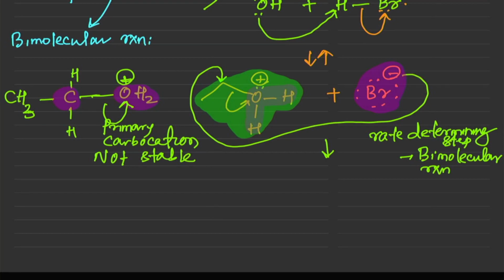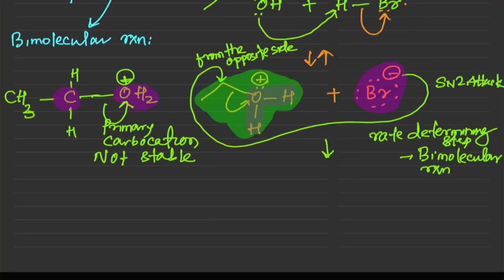This attack that we saw here is the SN2 attack by a nucleophile, and it always happens from the opposite side of the leaving group. Whatever side the leaving group is on, the attack happens from the opposite side.